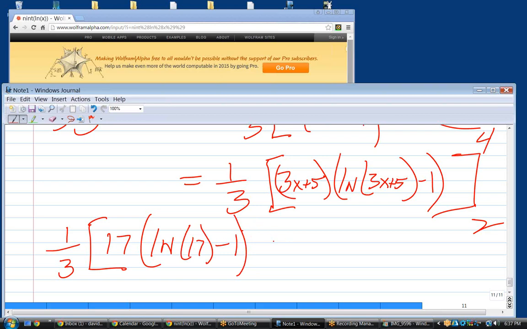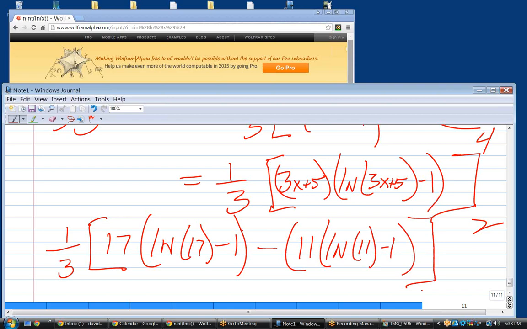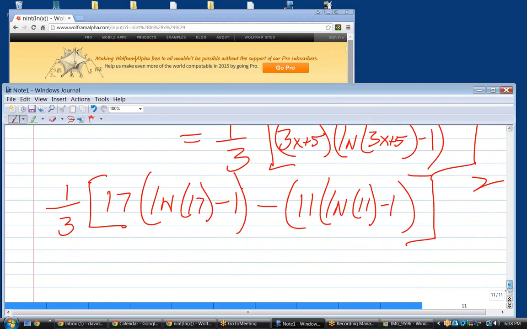And then subtracting, when I plug in 2, I get 11 times natural log of 11 minus 1. Now, they wanted the answer as a natural log function.